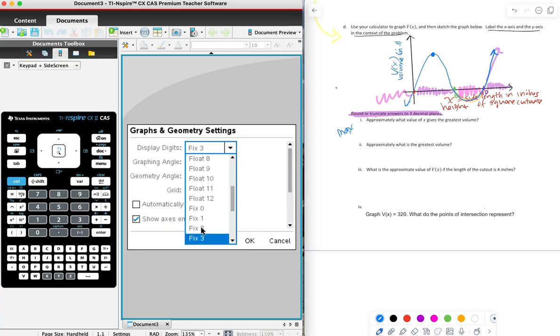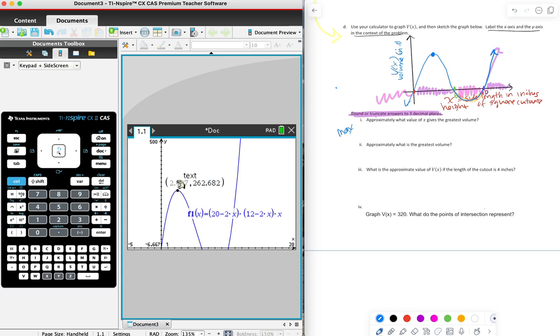You're probably on Fix 2 or on Float. Don't ever use Float. That's significant figures, and we don't want significant figures. We want to round or truncate to 3, so just do Fix 3 because it's going to give you 3 decimal places every time. Once you change that, it should automatically change your graph to show the 3 decimal places. So now it shouldn't be an issue anymore.